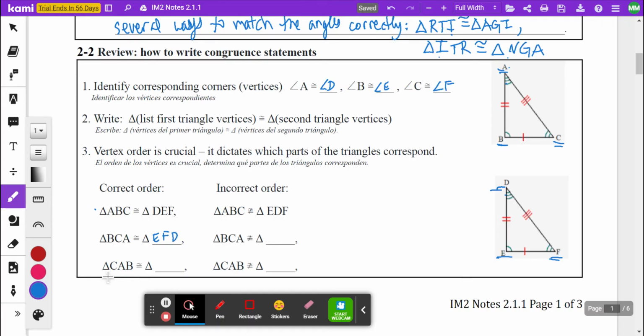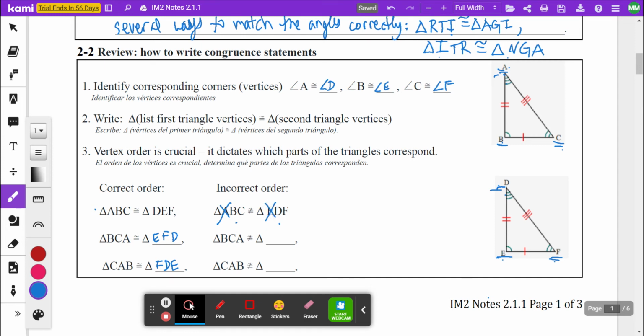If I started with CAB, I would say triangle CAB is congruent to FDE. It would not be correct to say ABC is congruent to EDF because that would not be listing the angles in corresponding order. A does not correspond to E, so these two wouldn't be matching.